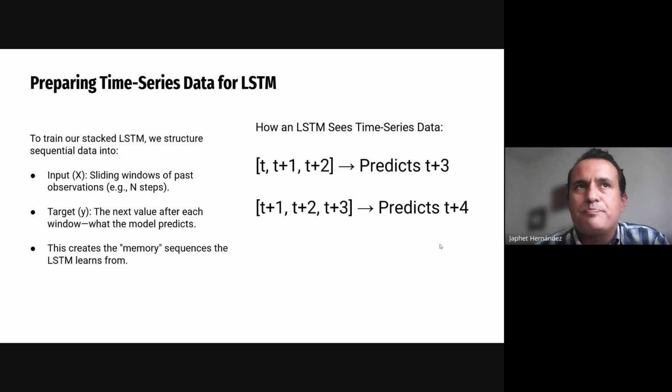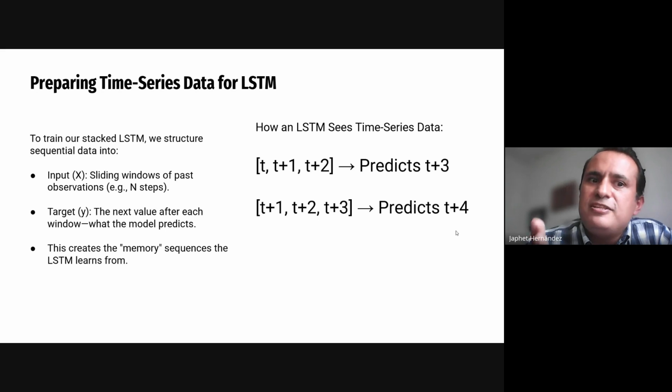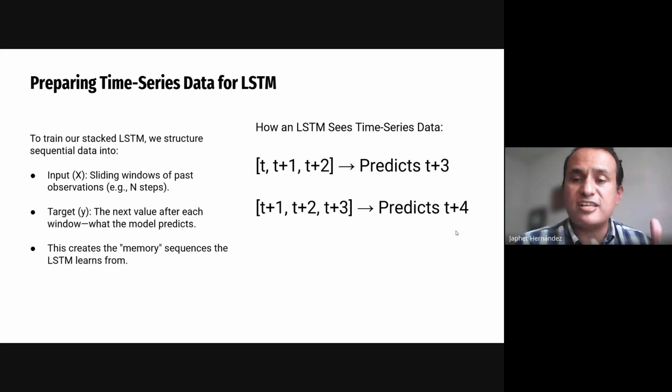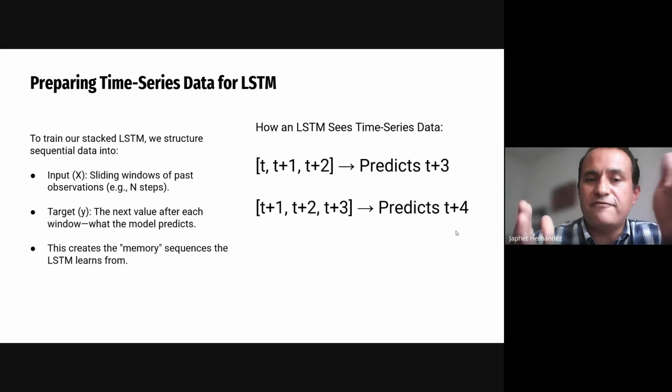So I predefined a function in my code to prepare the time series to train the stacked LSTM, the long short-term memory network. What it does is actually very cool, because we take the raw sequential data and chop it into sliding windows of a fixed length. That will be our sequence length.